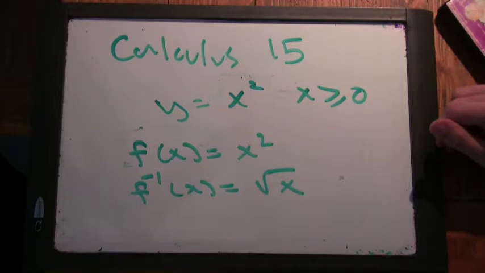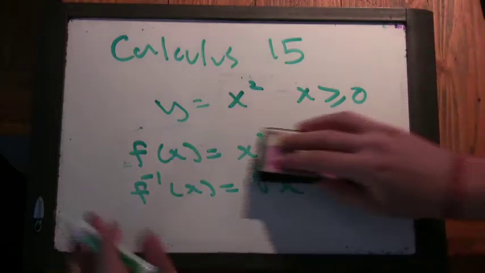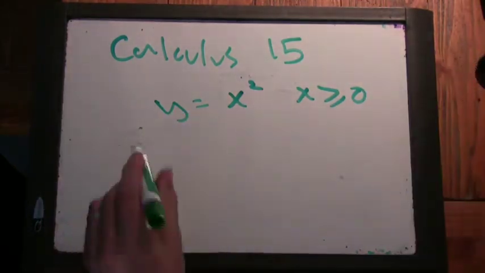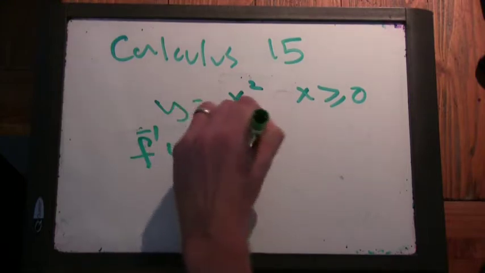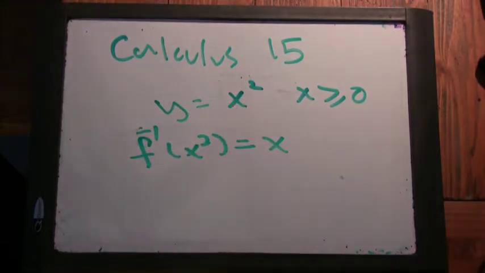And let's see what that means. So we have f inverse of x squared would equal x.